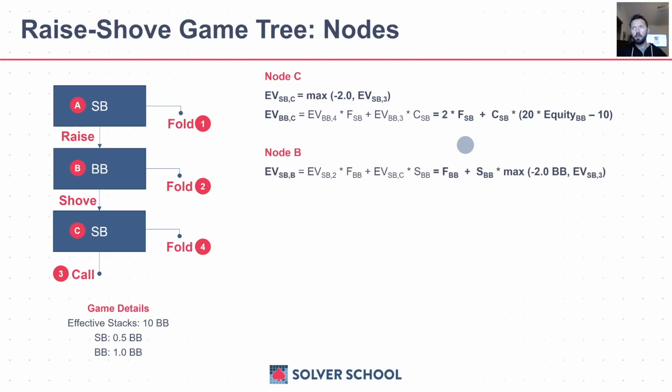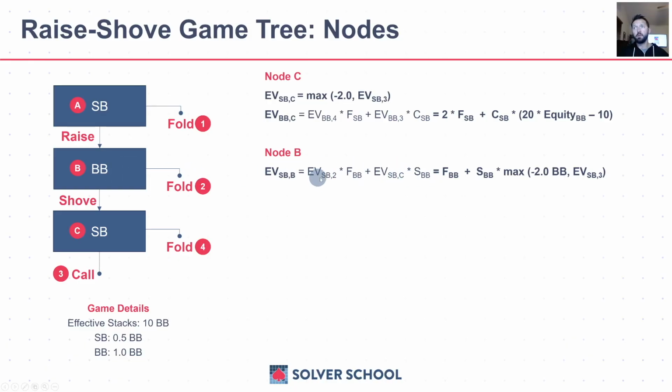Working backwards to node B, the small blind here in this spot is going to be based off of how frequently the big blind shoves and how frequently the big blind folds. When the big blind folds, the small blind earns 1 blind because that's the big blind's blind that the big blind posted.